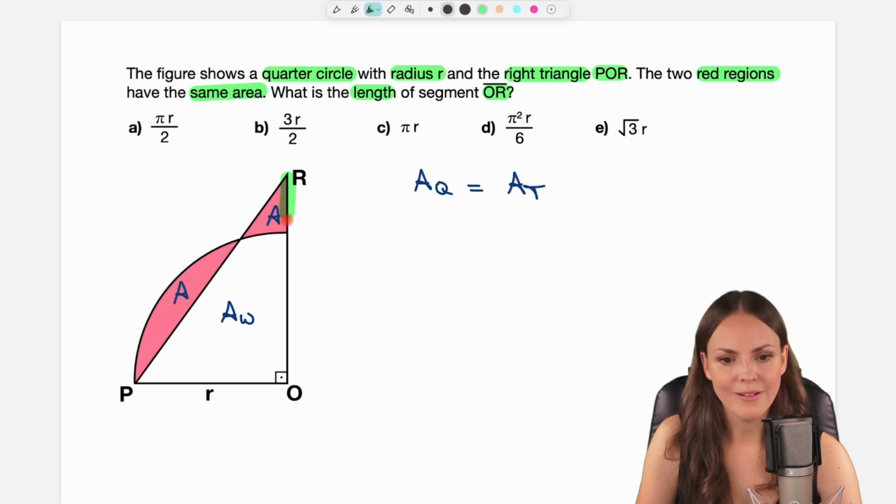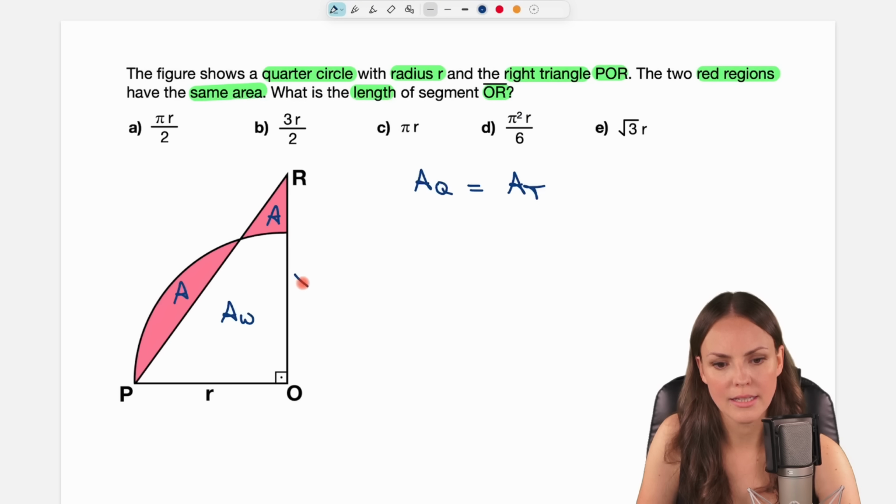We still want to find this length here, so let's call this length x. We still have our radius down here of our quarter circle. And now let's use the normal formulas for a circle and a triangle. To find the area of a quarter circle, first the area of a full circle would be pi times r squared.